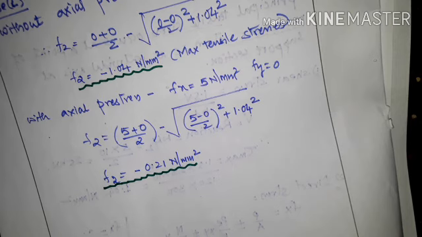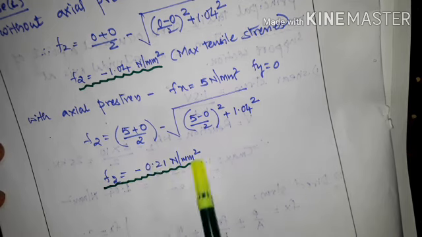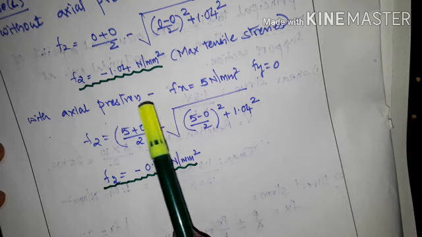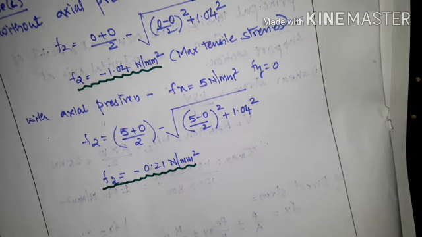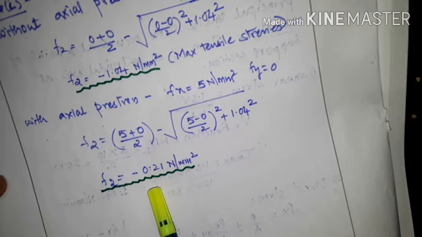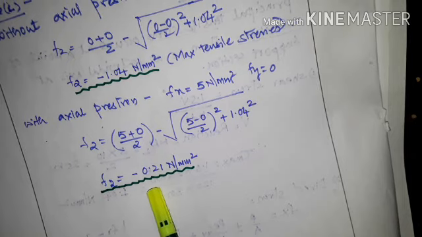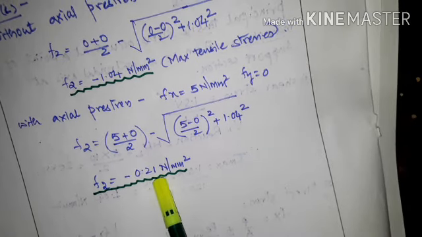Okay, what is the change in the resisting factor? You can see the change. There is an increasing resisting capacity, because here there is a reduction, so what does it mean? Concrete is resisting more here because there is no axial pre-stress.